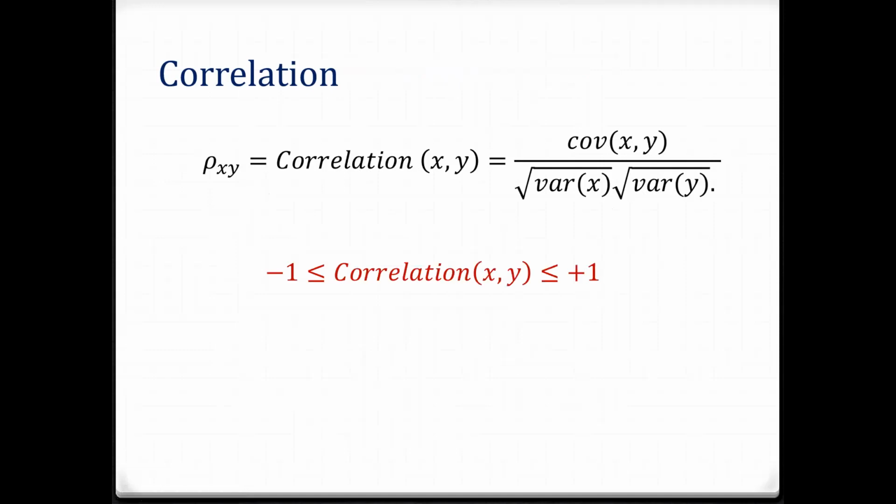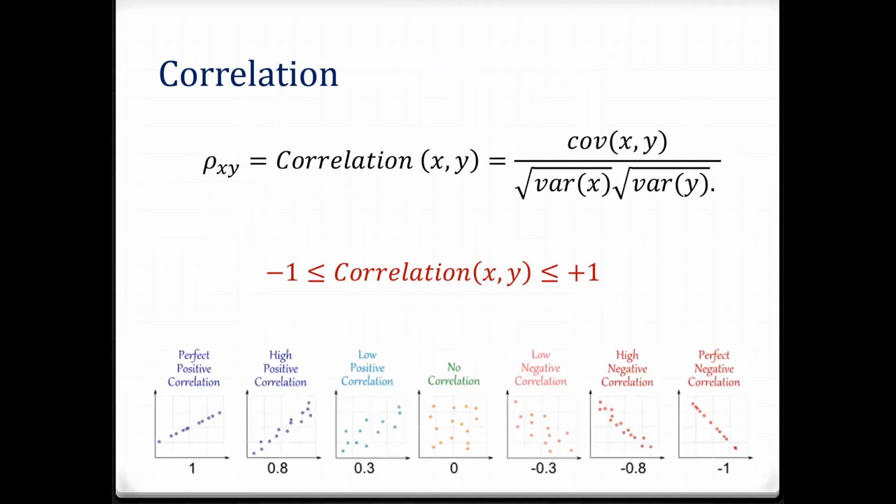So usually the correlation of xy will be between -1 and +1. It means that it will be 0 to 1 and 0 to -1. So we can say perfect positive correlation is 1, high positive correlation is 0.8, low positive correlation, no relation, and low negative correlation, high negative correlation, and perfect negative correlation. So we can go for a line of good fit.